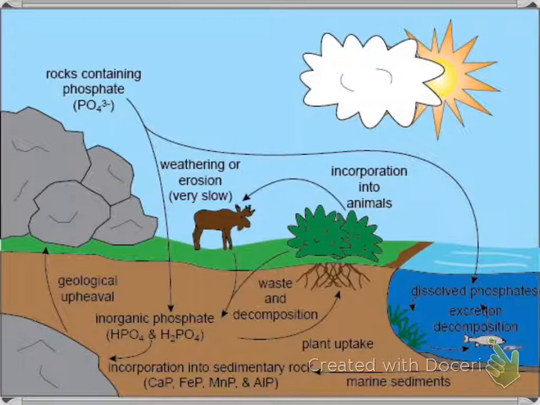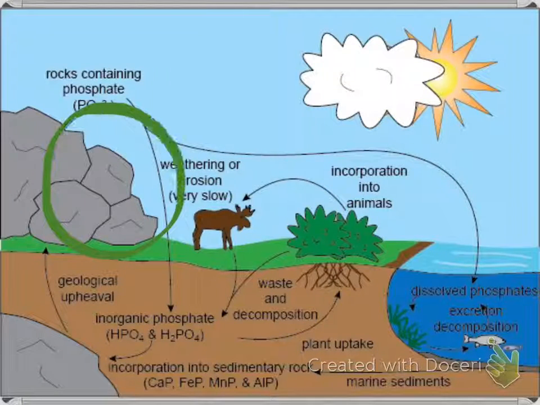Now, the last and final way that phosphate is introduced into the environment is through humans. Now, this isn't depicted here, but phosphate is used when humans mine the rock.